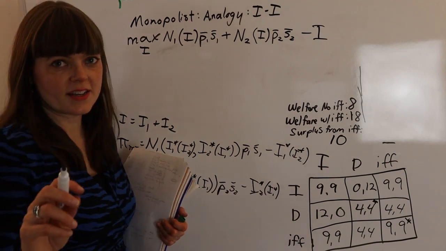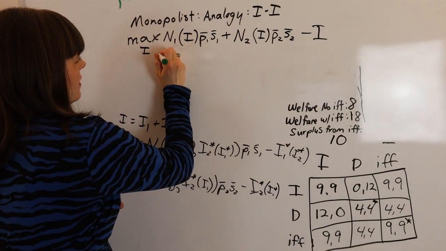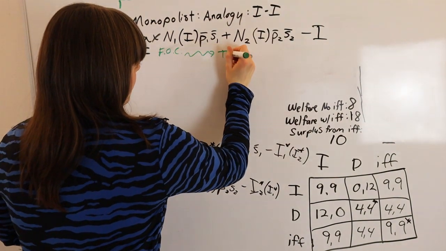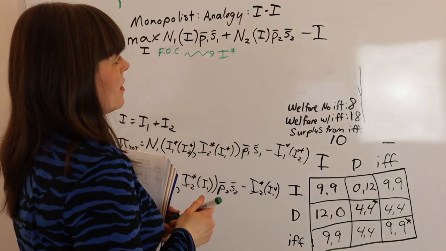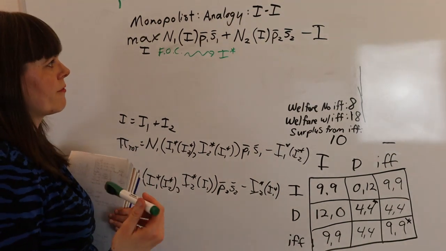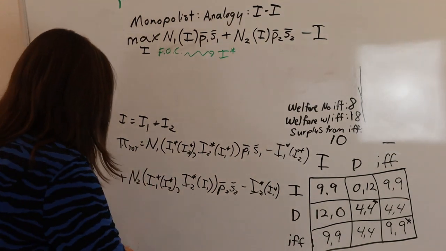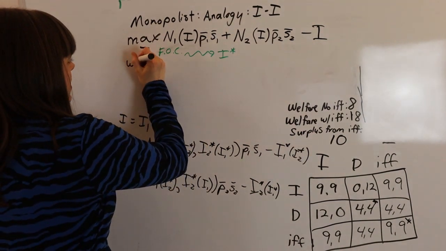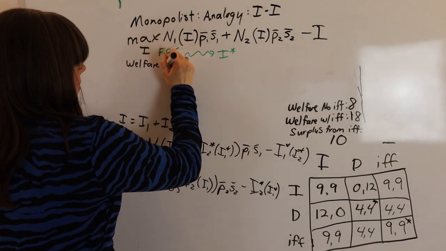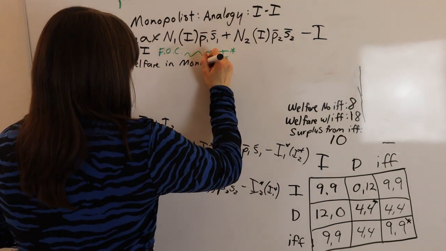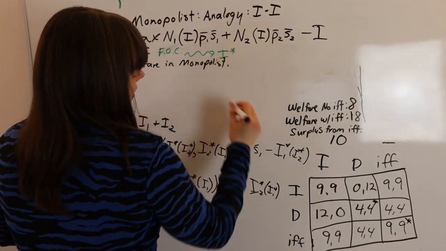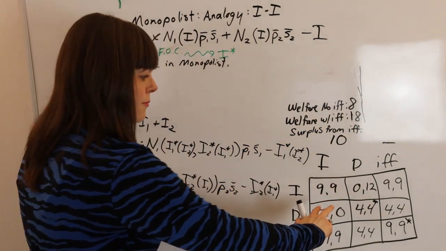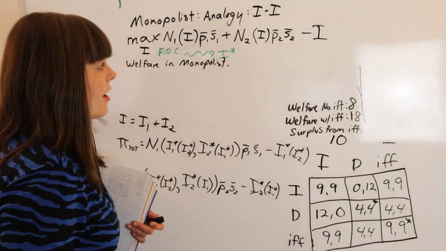In which case we're going to take the first order conditions, and that's going to give us an optimal I star, total investment from both firms. So the total welfare in the monopolist state, and this is of course analogous to the 18, the total welfare that we had when both firms cooperated when we ended up down there.